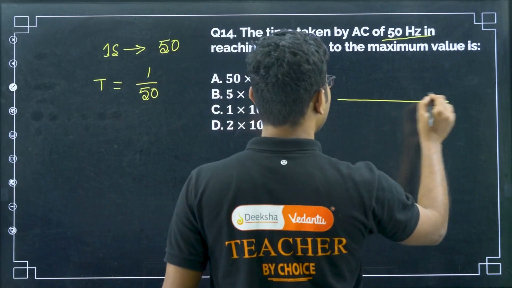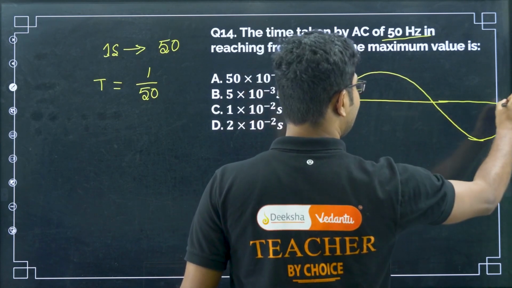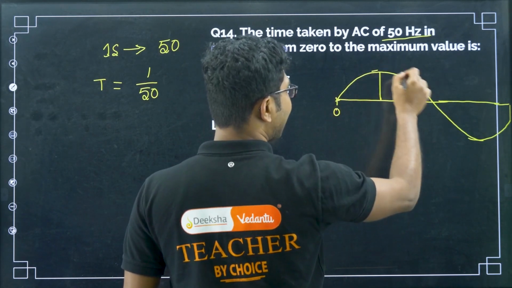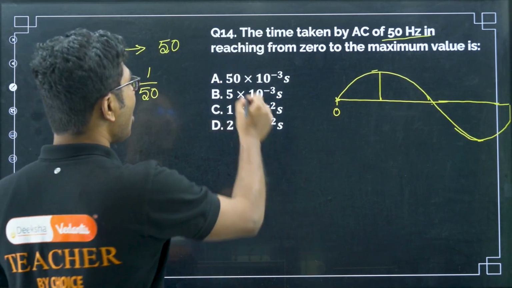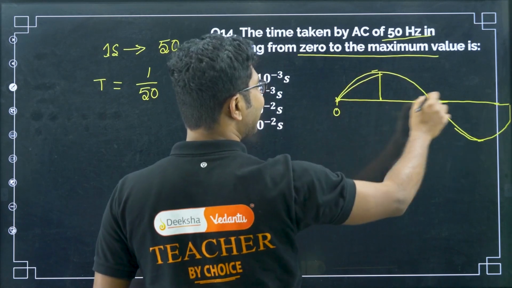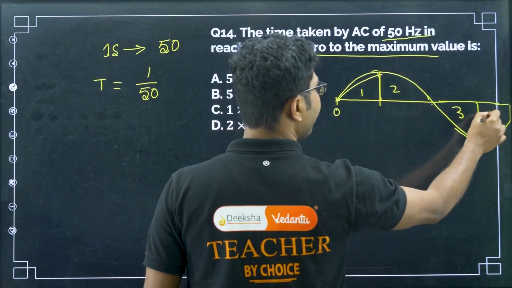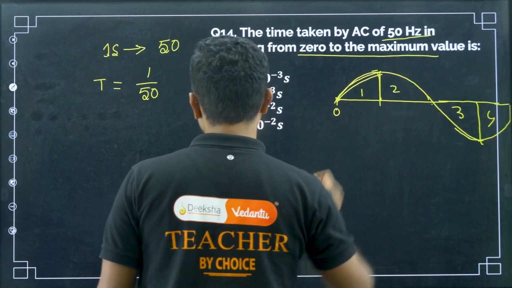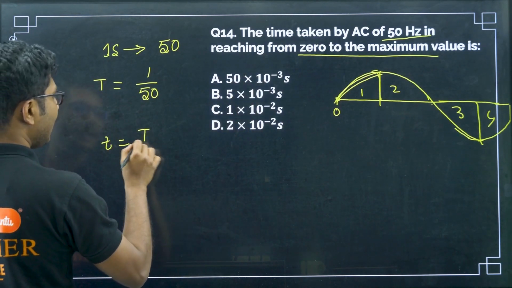Now, in one cycle, how does it oscillate? It oscillates like this. First it will start from 0, reach the maximum, then again go back to 0, then it will reach the minimum, then again go back to 0. It is asked how much time from 0 to the maximum. If the total time is T, you can divide it into 4 parts, 1, 2, 3, 4, and each part takes an equal amount of time. So, the time taken to reach from 0 to maximum is T by 4.